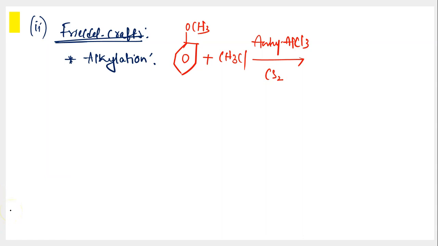So what happens in presence of these reagents to anisole? Anisole in presence of these reagents would undergo electrophilic substitution reaction. Anhydrous AlCl3 acts as a catalyst, CS2 acts as a solvent. CH3Cl breaks down into Cl- and CH3+. So CH3+ acts as electrophile.